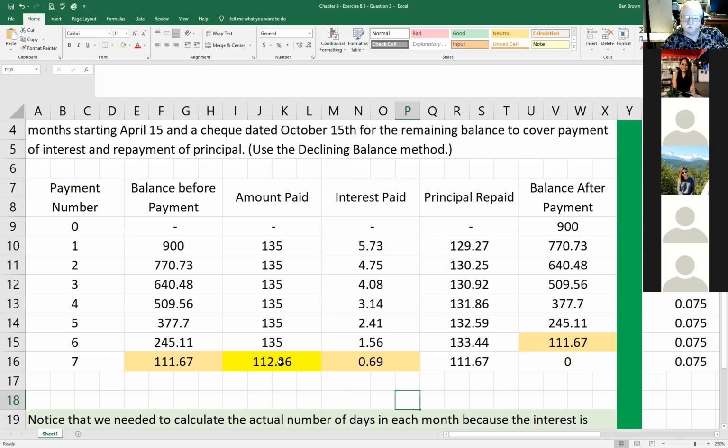So you'll always need to adjust this last payment to make this number zero. I'll save that. And I'll send that spreadsheet to you, and hopefully you'll be able to make sense out of it. So let's go over and look at the Excel files for chapter 16.